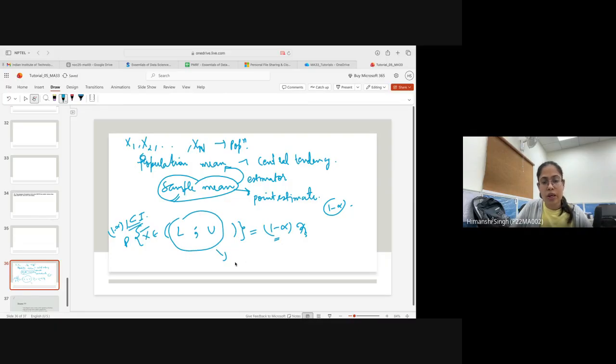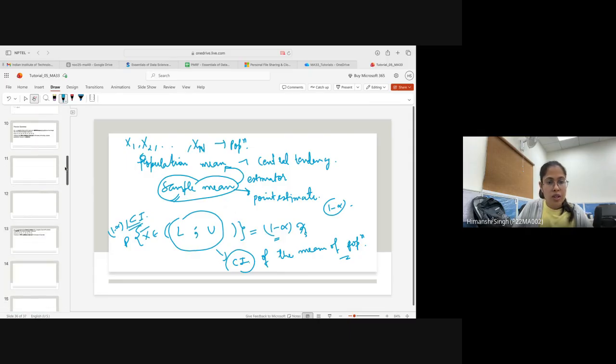So we will be talking about this confidence interval, majorly the confidence interval of the mean of the population. We are not talking about variance or some other parameter. We are concerned about the mean of the population. So this is the background.